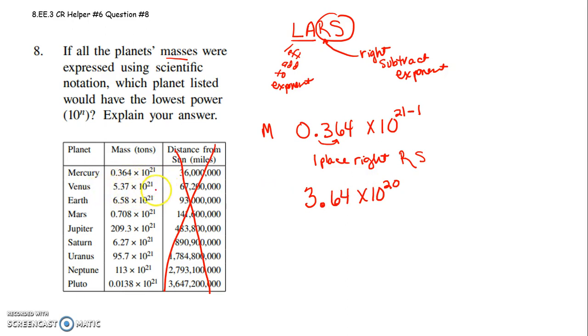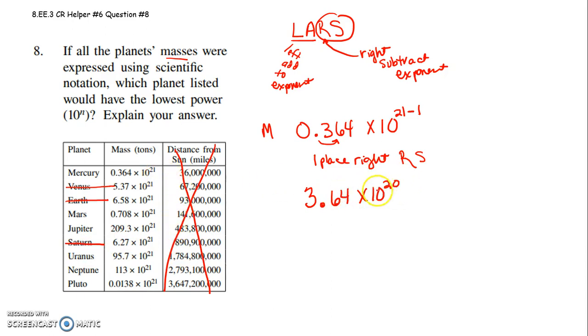This one here, thankfully, is already in scientific notation. This one right here is in scientific notation. So I'm going to cross the ones off that are in scientific notation. That's in scientific notation. This one is a number between 1 and 10. That's in scientific notation. Okay, those we don't have to do a rewrite on.